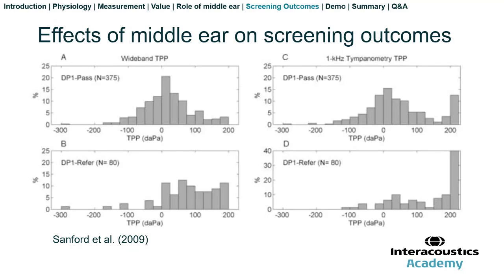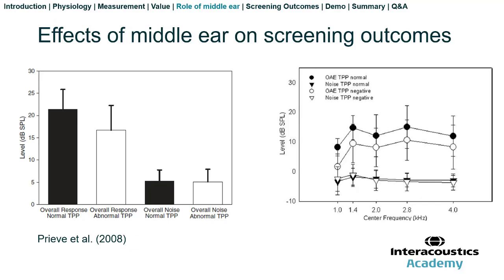Preve et al. also looked at how transient emissions were impacted across 11 children. They followed the same child for each of these 11 cases, all with normal functional cochleas, from when they had negative middle ear pressure and also from when they had normal middle ear pressure.